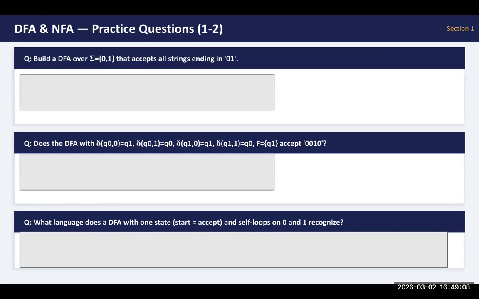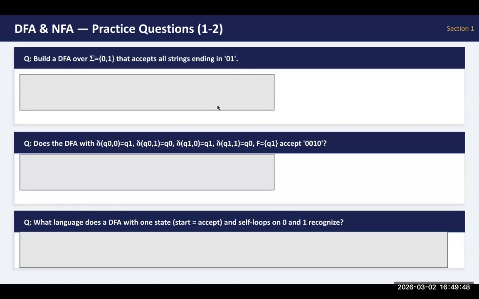What I like to do is start with the easiest accept string and then build my DFA around that. Obviously, it won't be as easy in some of the cases, but it's always a good starting point. So we know that it accepts a string that ends with 0 1, which this specific string validates. In this case, I would do a transition from Q0 on 0 to Q1, then on 1 from Q1 to Q2, and then I would have a loop here for 0 or 1, and I would designate that as a final state.